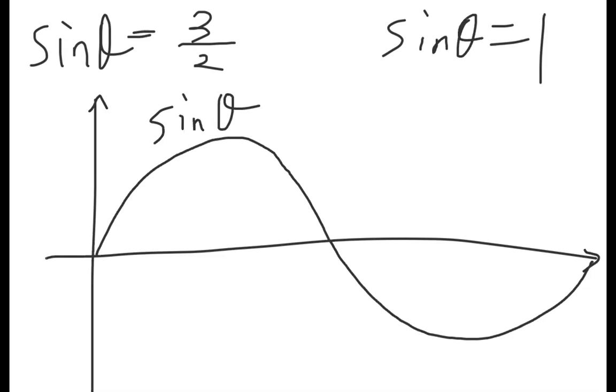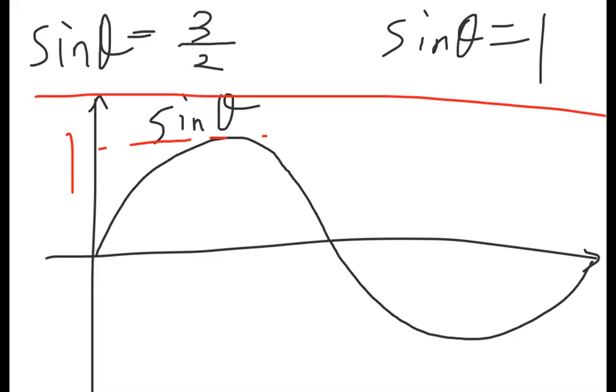Then, if sine theta is equal to 3/2, that is right here, but the maximum of sine is 1. So this never has any intersection. So this is no solution.